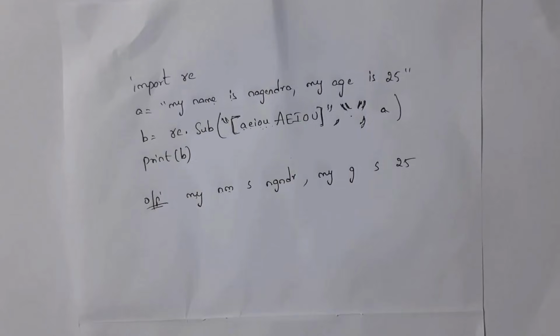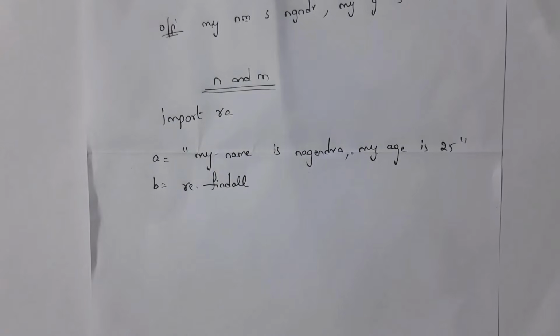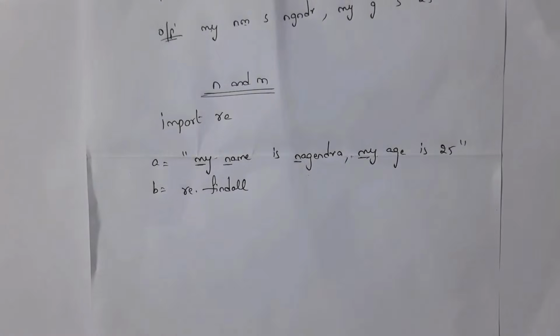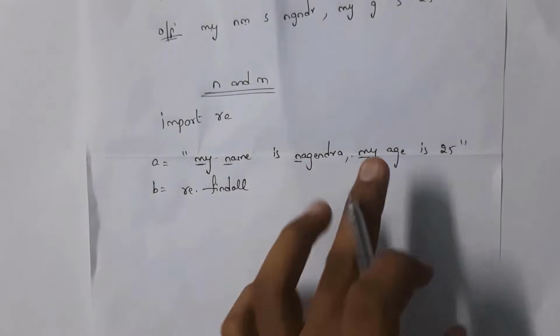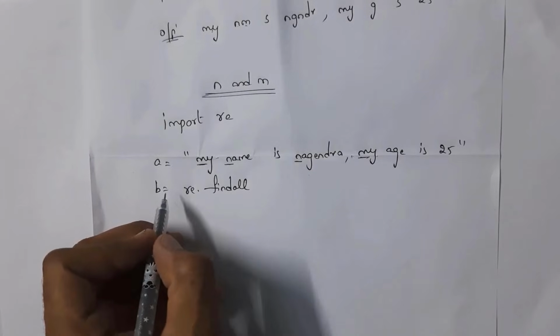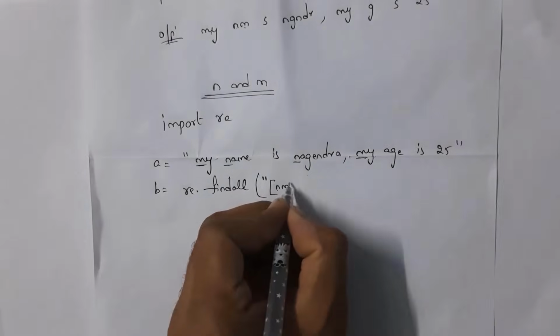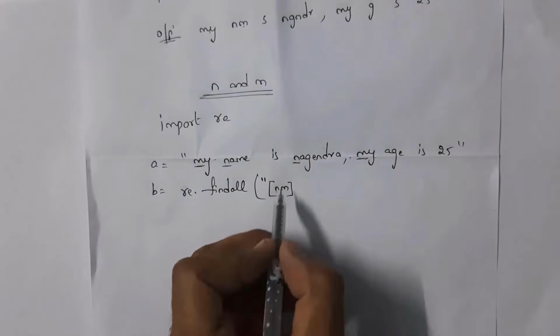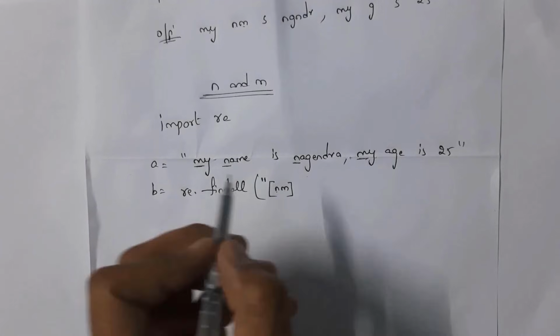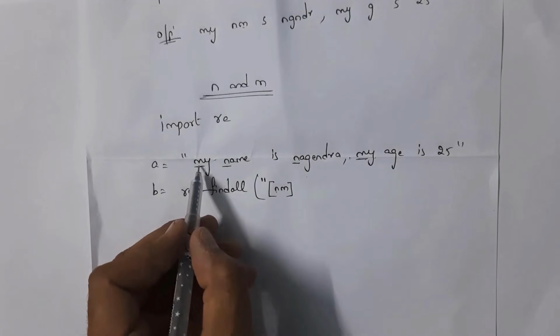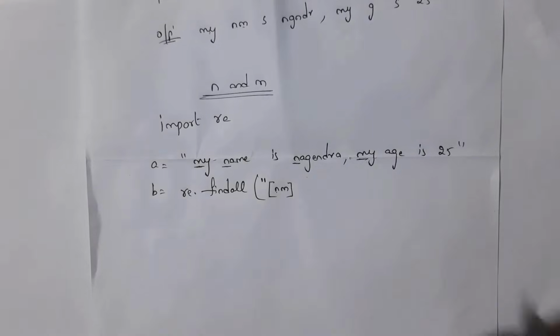This is my output. Next I will explain Python program in order to find words that starts with N and M. This is example. I need to get output my name Nagendra my. So write here B equal to re.find all. I want to print words that starts with N and M. So inside square brackets write N and M. Whenever you write here N, M in square brackets, then you will get output only M, N, M in single quotations.